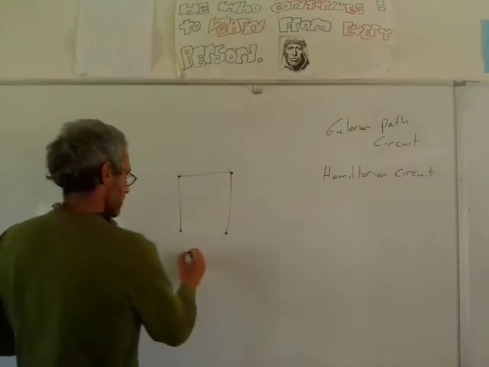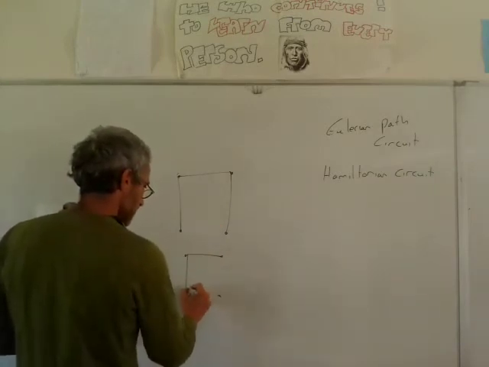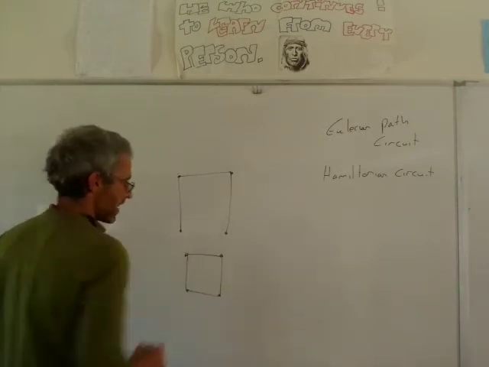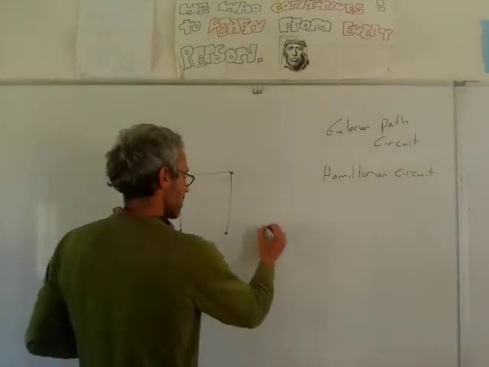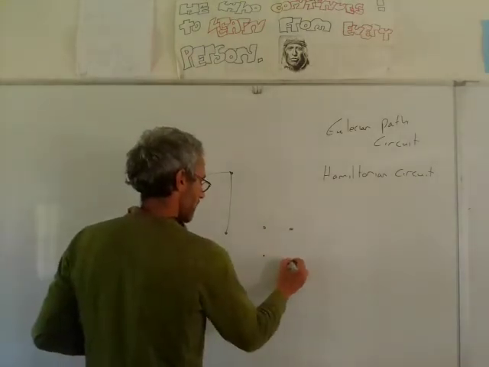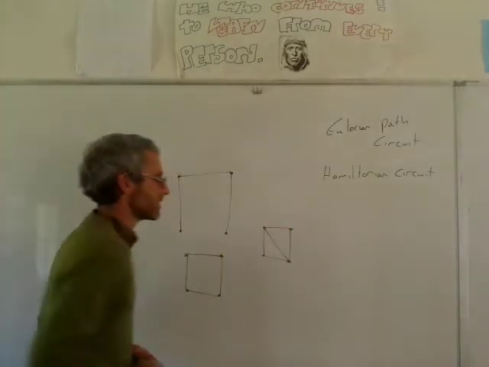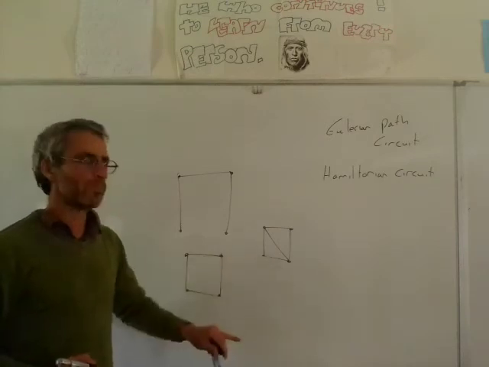Now let's try and think about others. I can do another one which is like this. That is obviously simple and connected. I can do that. That's another graph which is connected and simple.